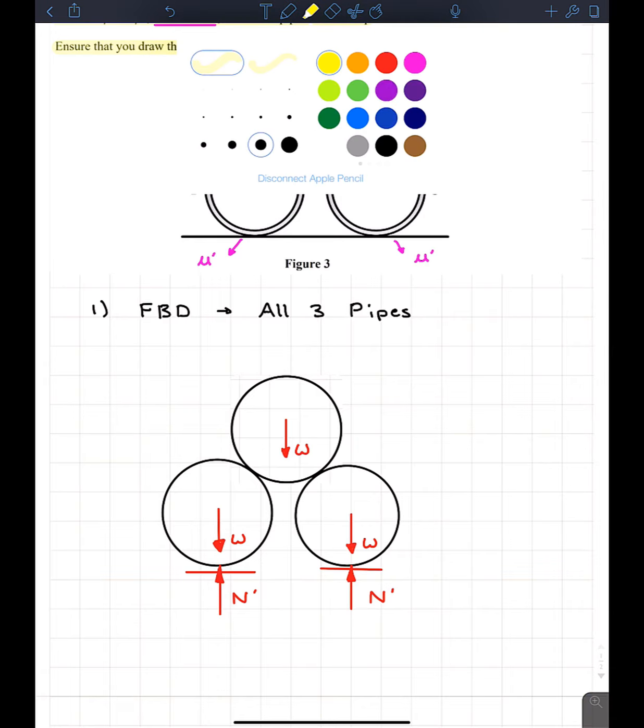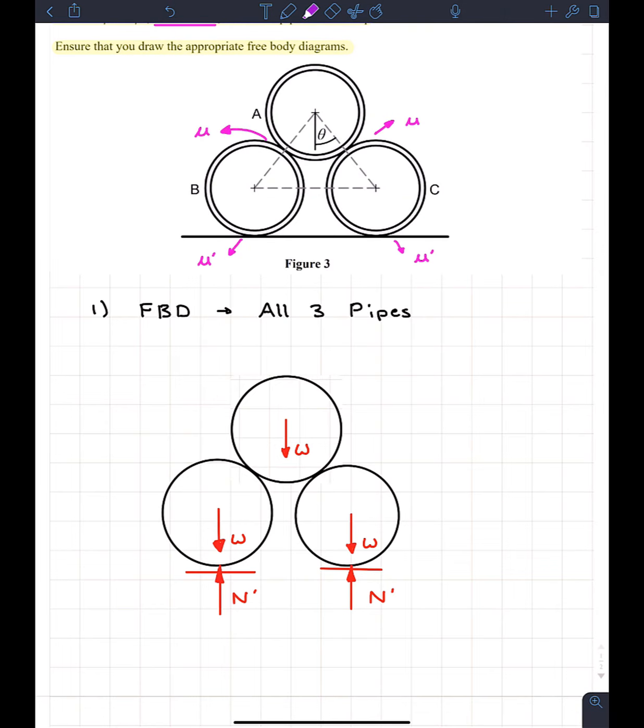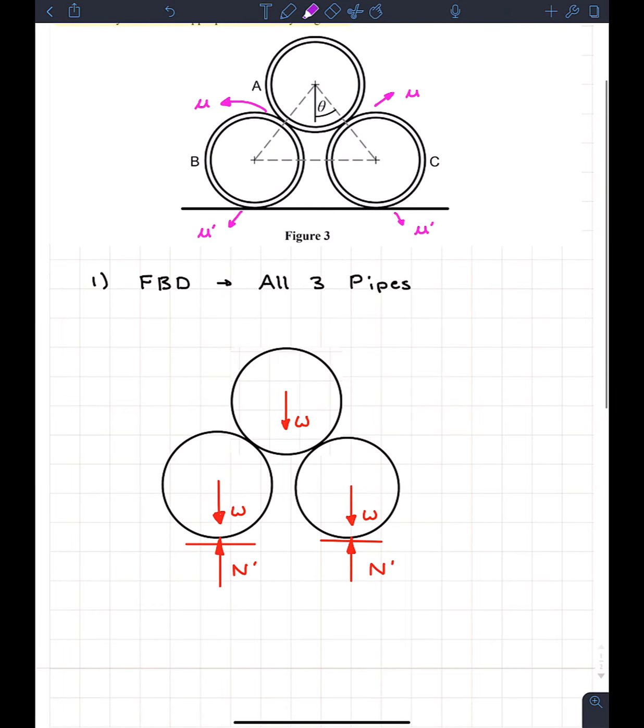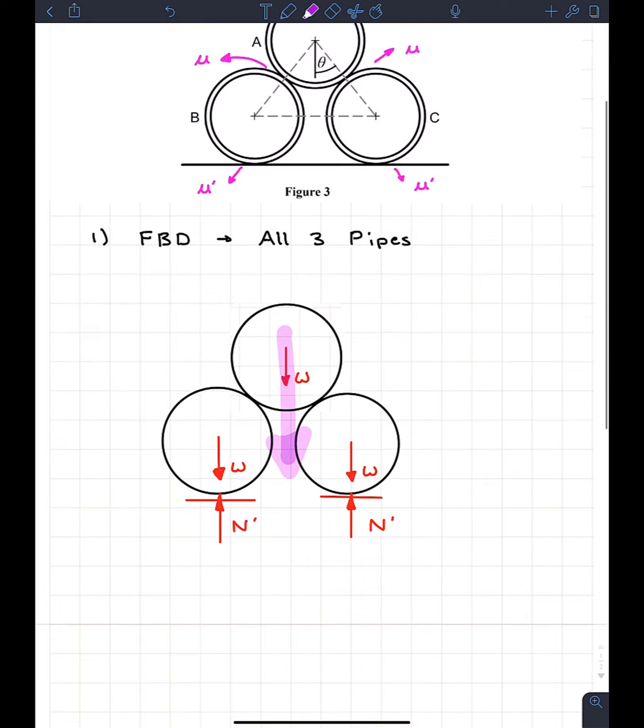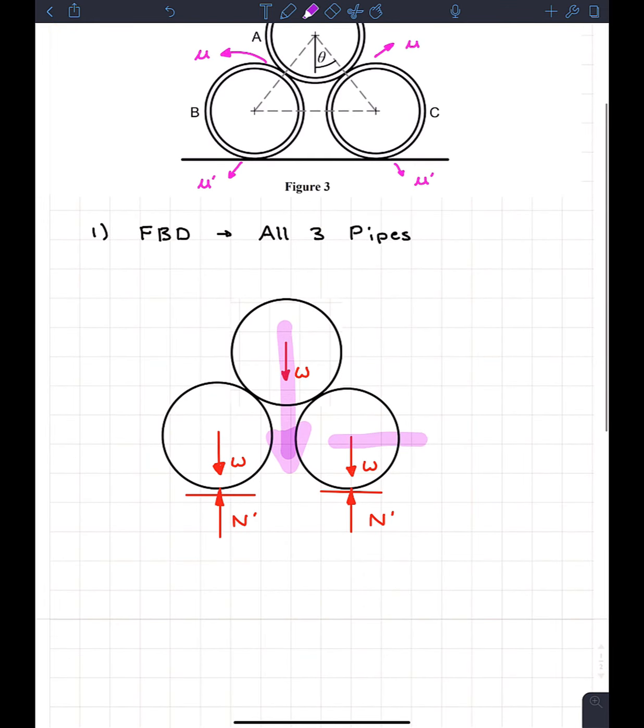So if we have a pipe at the top, you guys can visualize this. If the weight of the pipe at the top is too heavy, or the angle is too big, something like that, what we'll find is this pipe in the center will want to come downwards, like this. It makes sense. You can visualize that the pipe wants to fall down. And if that comes downwards, it's going to push these 2 pipes out to the side, like this.